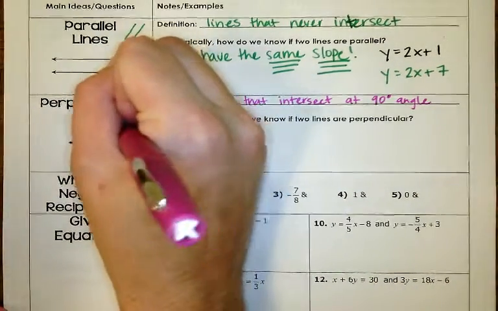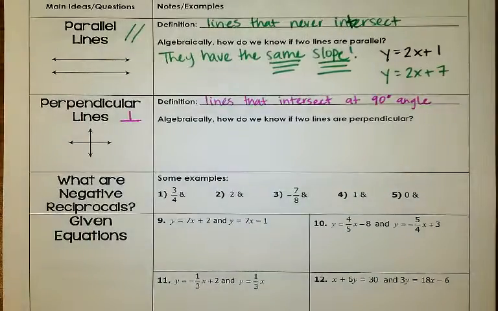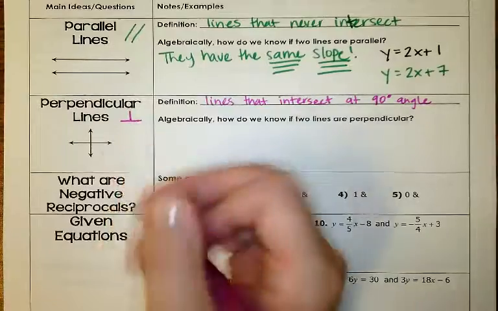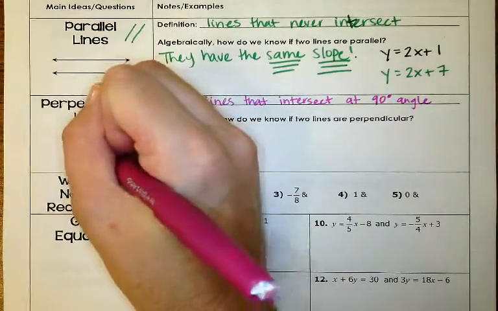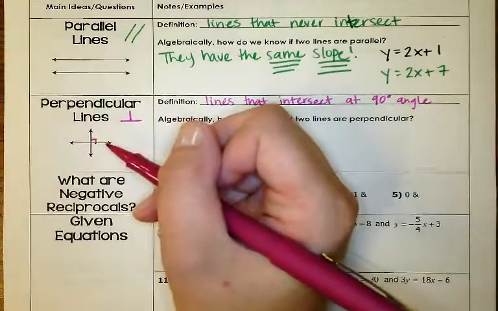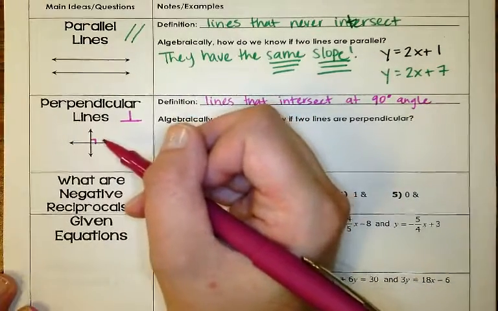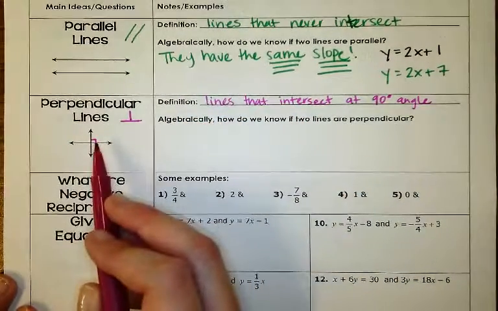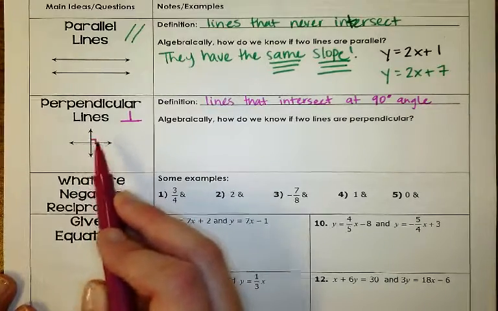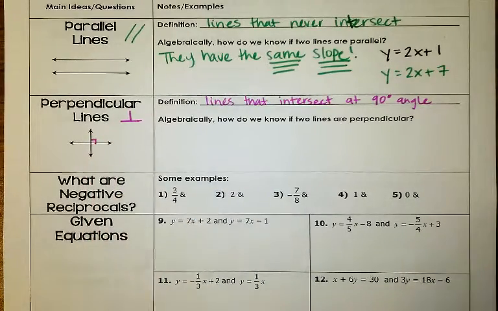And the symbol that we use for perpendicular lines is this kind of upside down capital T, because that creates a right angle. And guys, you'll notice whenever you do perpendicular lines, if lines are truly perpendicular and form a right angle, then you draw this little square kind of in the corner, and that shows that they're right angles.